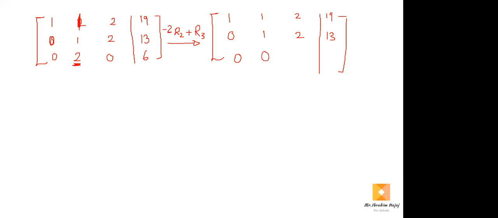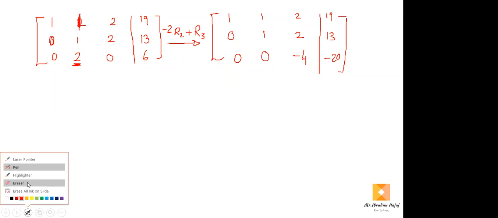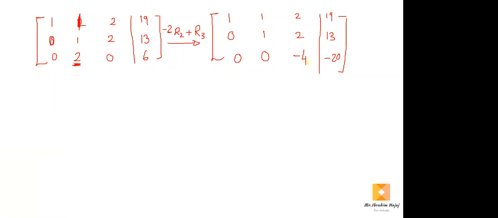Now negative 2 times 2 is negative 4, plus 0 is negative 4. 13 times negative 2 gives negative 26, plus 6 gives negative 20.